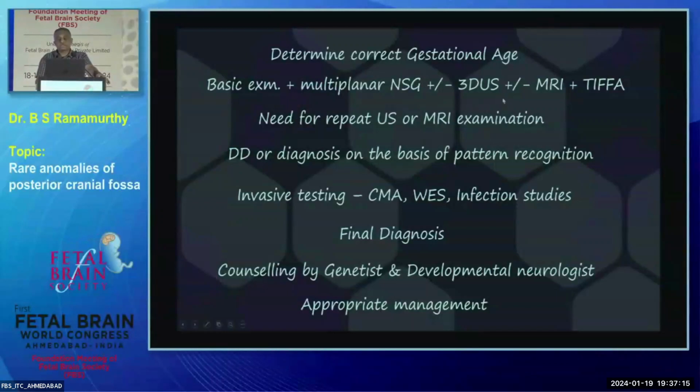Do your 3D, store volumes. You might ask for MRI, and of course, do a thorough TIFA. You might need to repeat ultrasound and MR examination and DD or differential diagnosis on the basis of pattern recognition. Always think molecular, always advise molecular. Tell your couples that this is not for this condition.